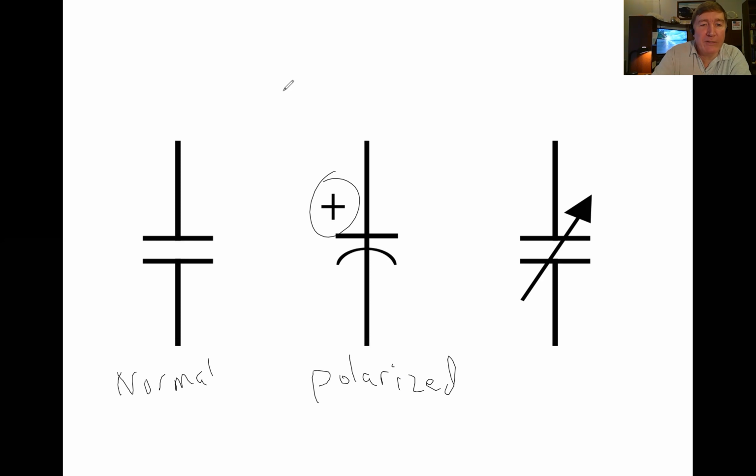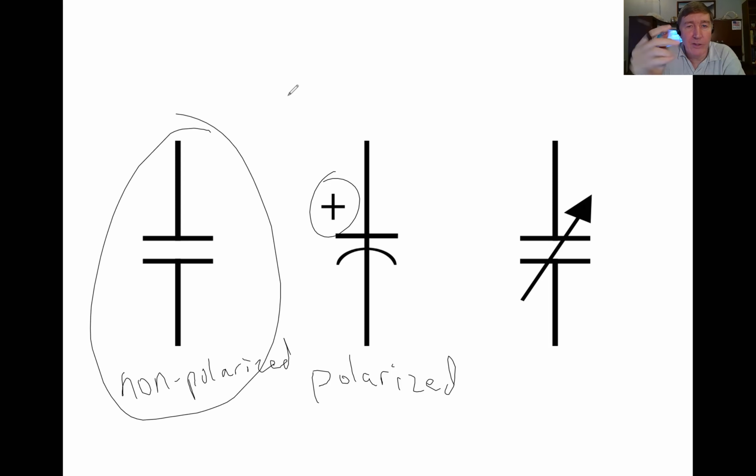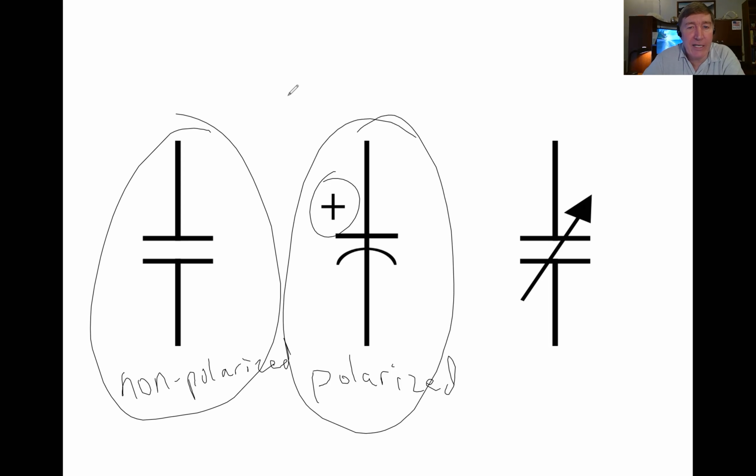I probably shouldn't call it normal, because polarized capacitors are pretty common. Let me just call this a non-polarized capacitor. With a non-polarized capacitor, you don't need to worry about hooking it up backwards. It'll work fine no matter which side you connect to the plus and which to the minus. But if it's a polarized capacitor, you've got to be careful.